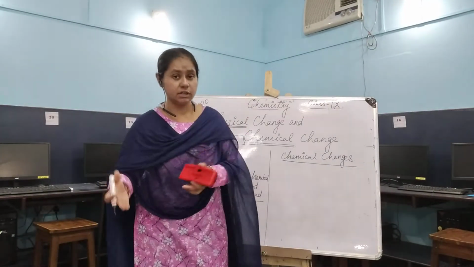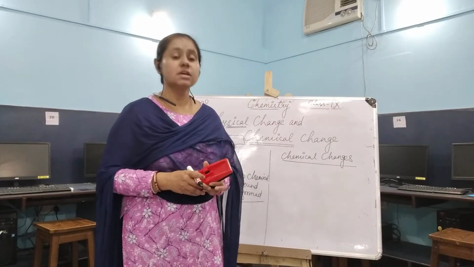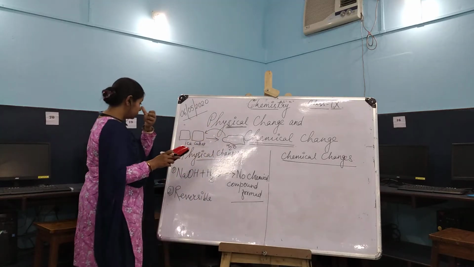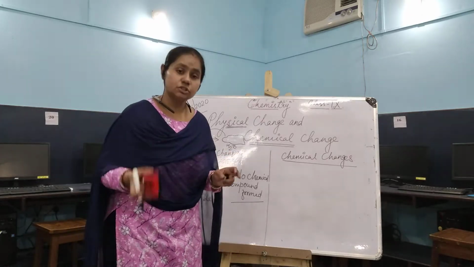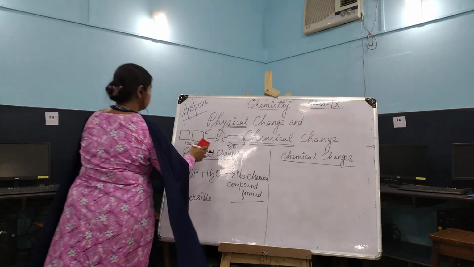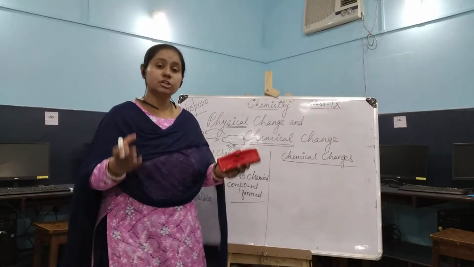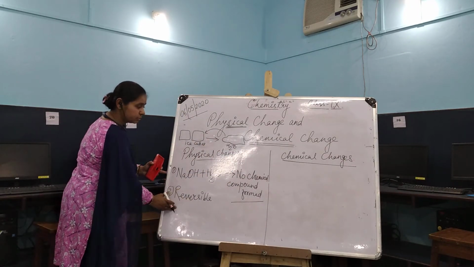Ice is converted to water. Again, water can be converted back to ice, isn't it? So that is why this kind of change is called a physical change. Now, one more property. So this is the reversible property.